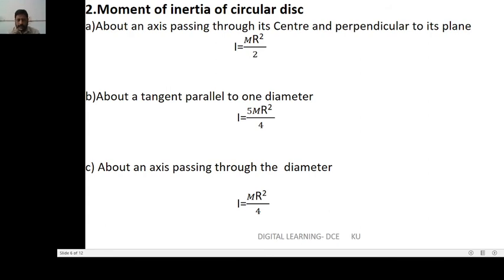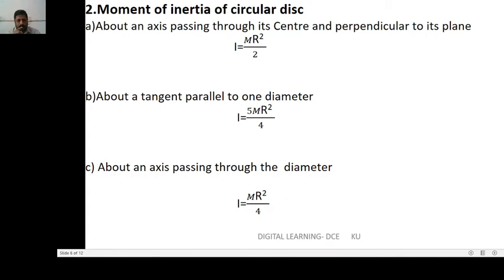Now the moment of inertia of circular disc is studied at different axes. First one, the moment of inertia about an axis passing through its center and perpendicular to its plane is given by the formula I equals m r square over 2.